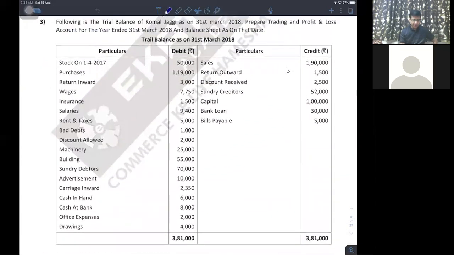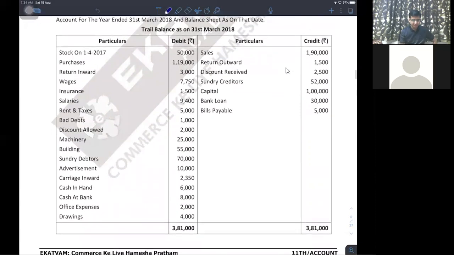From the following, following is the trial balance of Komal Jaggi as on 31st March 2018. Prepare the trading account and profit and loss account for the year ended 31st March 2018 and the balance sheet as on that date.